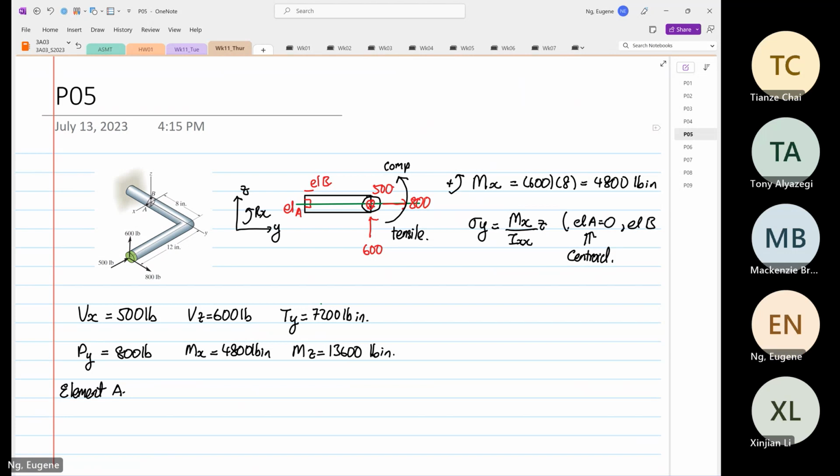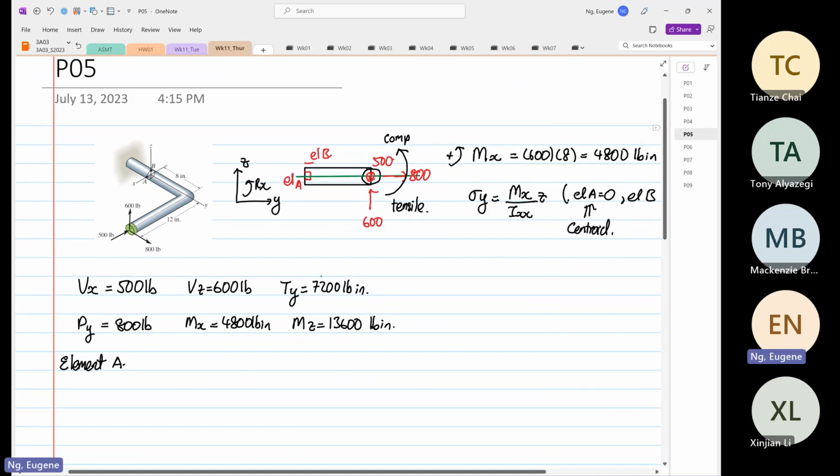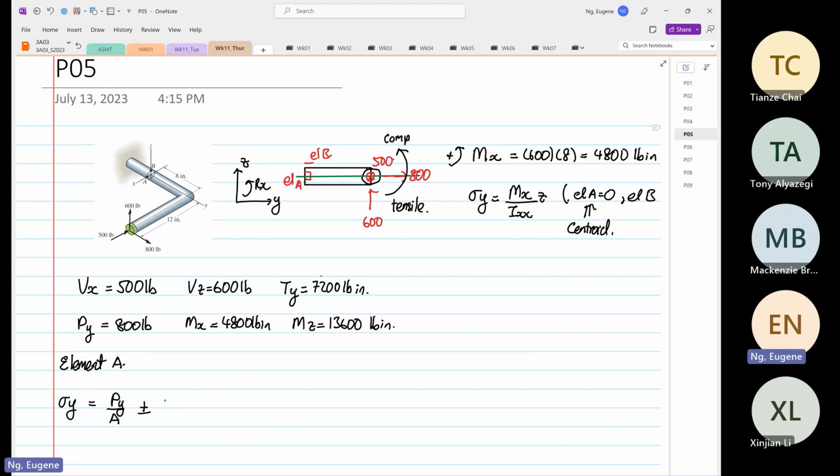So you can see element A, stress in Y is equal to Py over A, plus Mx over Ixx multiplied by Z, which I don't know yet, plus Mz over Izz multiplied by X. Okay.